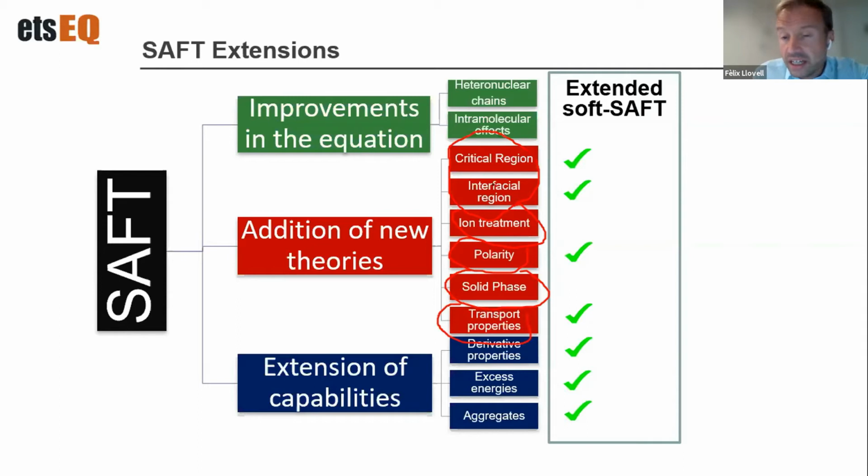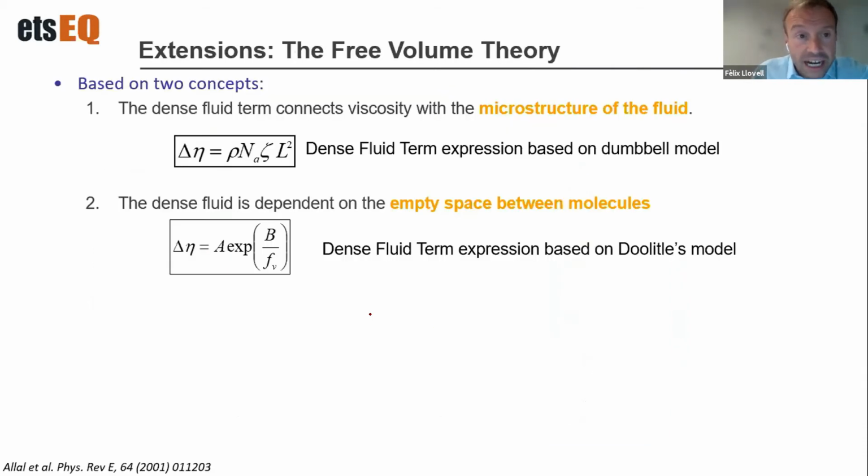Here I'm just highlighting some of the improvements that were made during the last 20 years in soft-SAFT by several co-workers. In particular, I mention, because I will show some graphics, the free volume theory as an additional theory included to describe transport properties, and in particular, the viscosity of fluids.